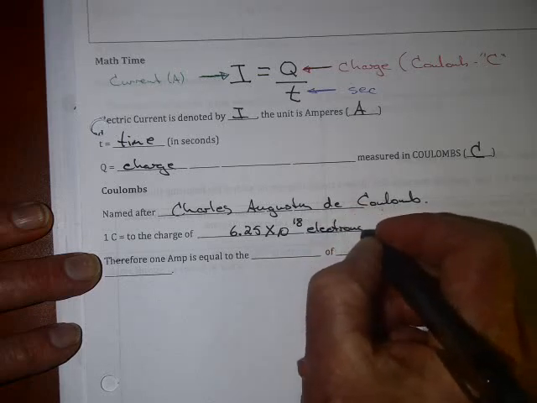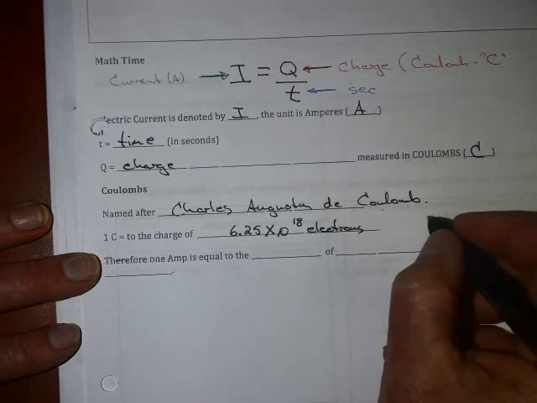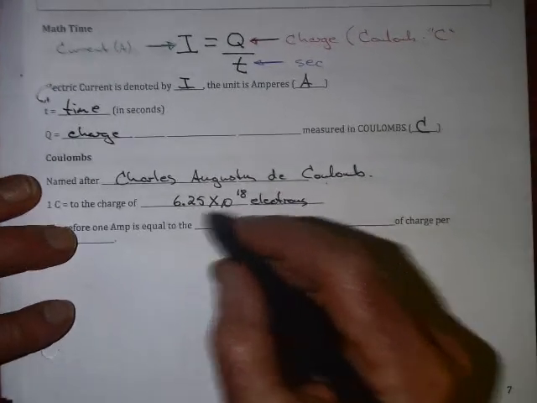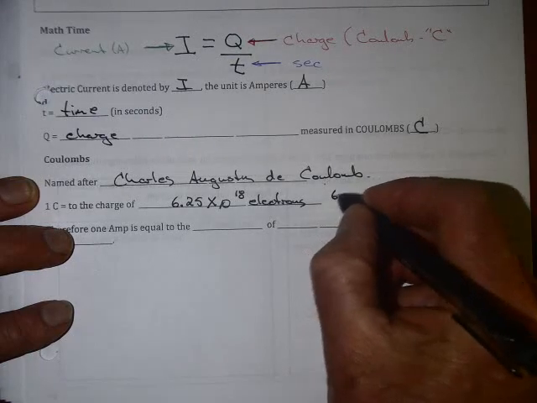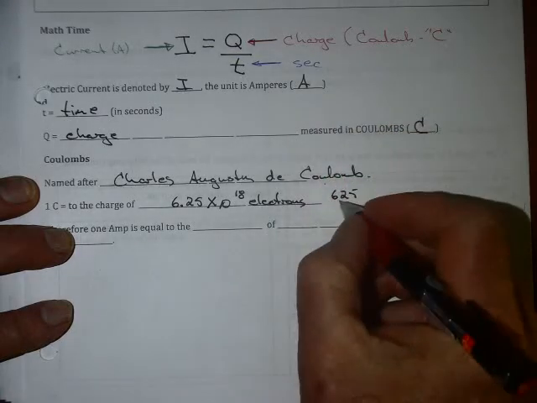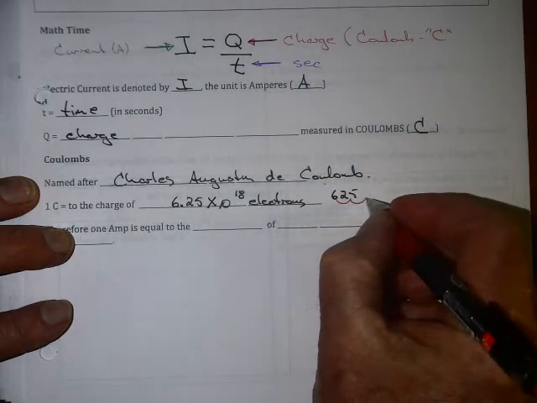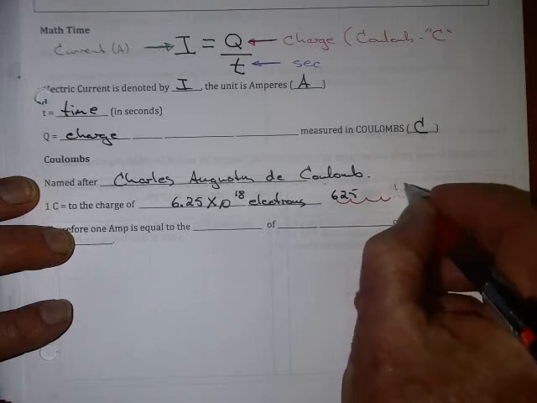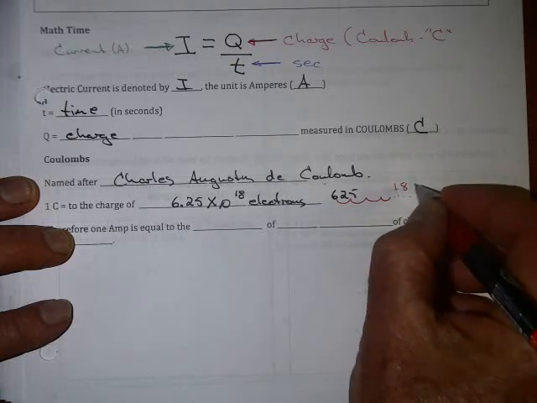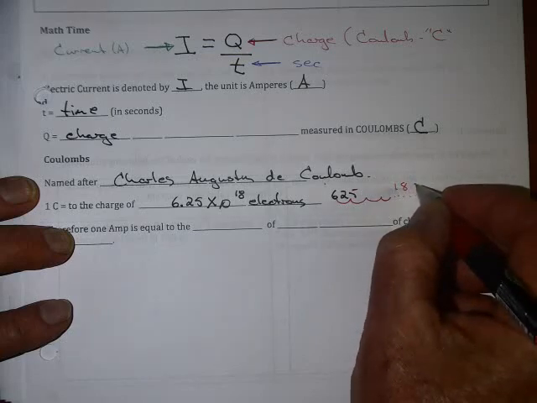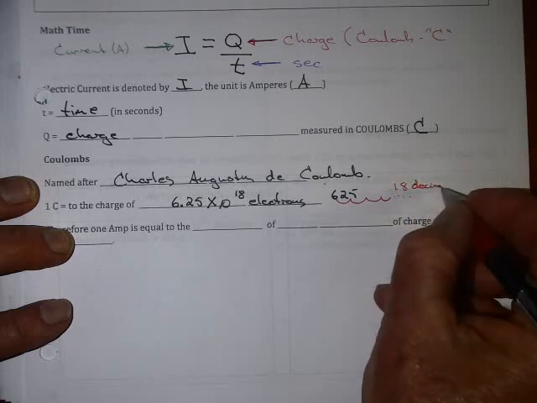Now, I don't know if you guys have ever done any scientific notation, but this is the same as saying 6, 2, 5, and then 16 zeros, so 18 decimal points.